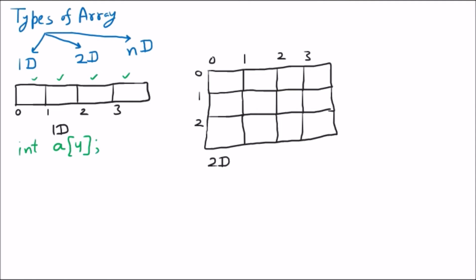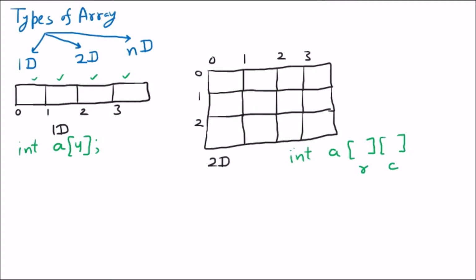Now how can I define the 2D array? If I have to declare this array, let us suppose they are of integer type and the name of the array is A. We have two brackets this time because that is a 2D array. The first bracket will represent the row and the second bracket will represent the column.